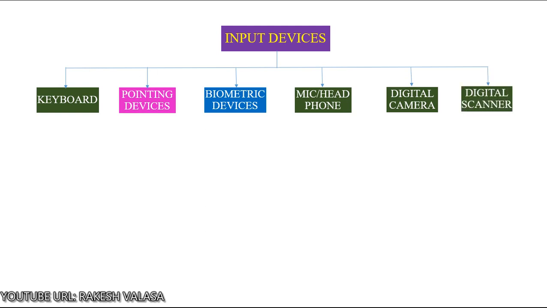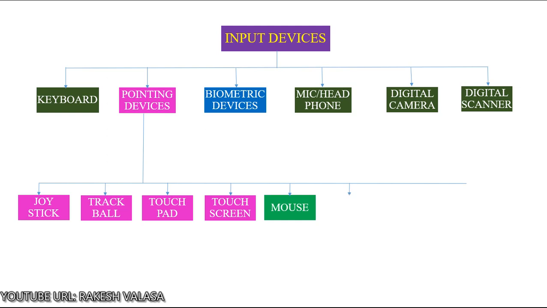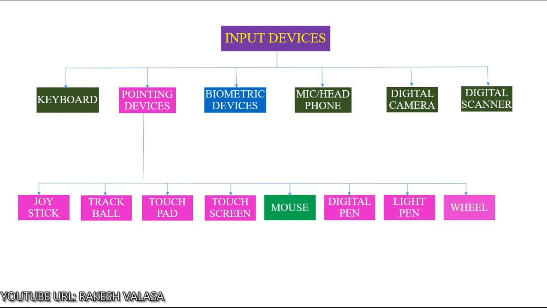The last one is digital scanner. Here pointing device is again divided into joystick, trackball, touchpad, touch screen, mouse, digital pen, light pen. The last one is wheel.